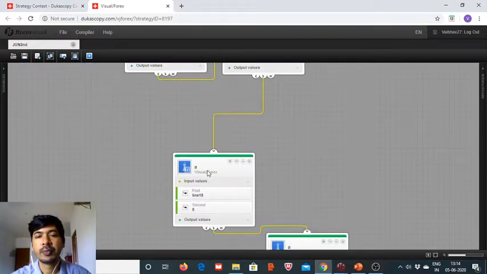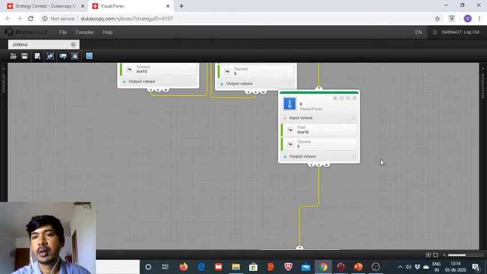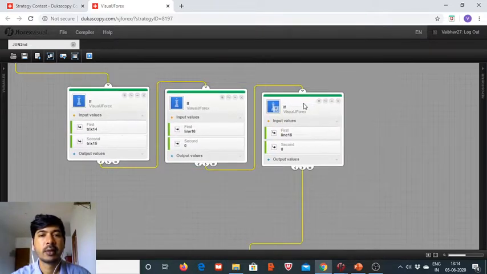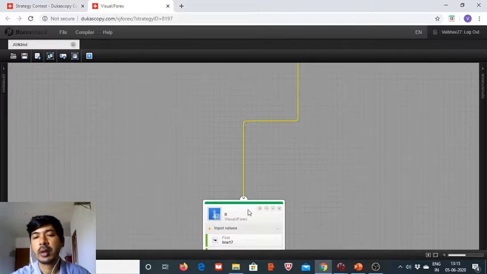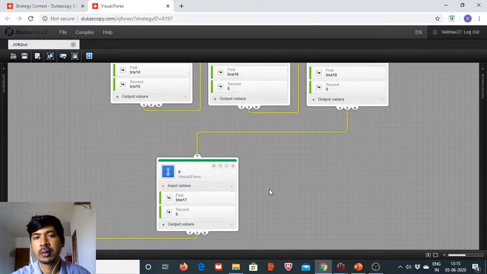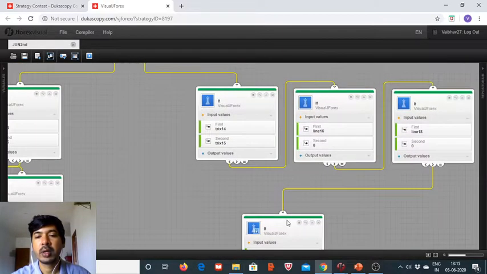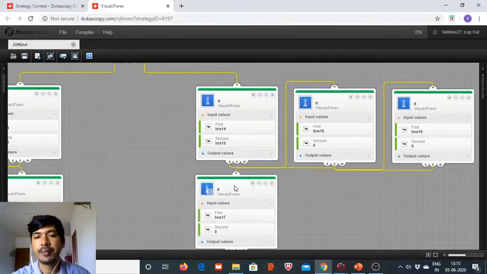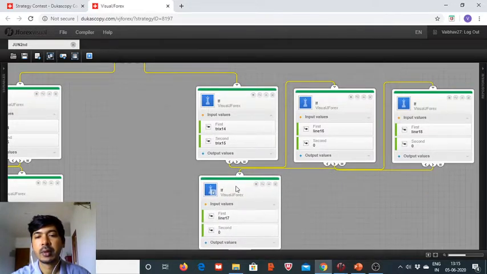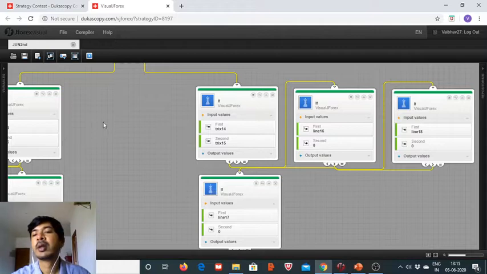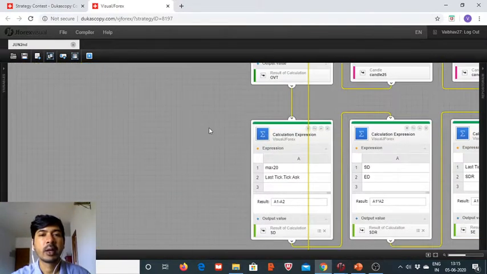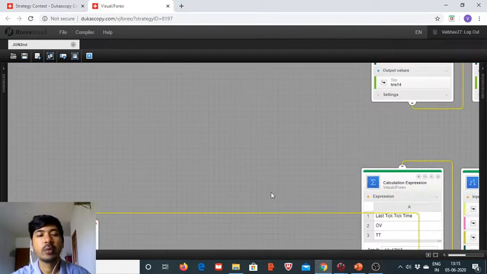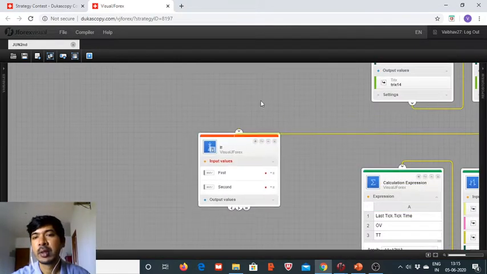Now line 18 and line 17. So we have got here all the requirement regarding the absolute values of the LRA.